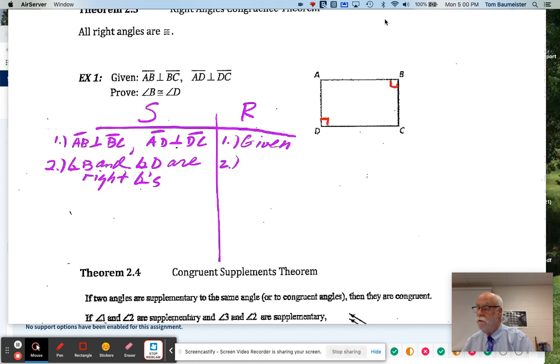And what is our reason for that? Well, we just said that they were perpendicular, and we know by definition of perpendicular that they are right angles. So we're going to say by definition of perpendicular lines.